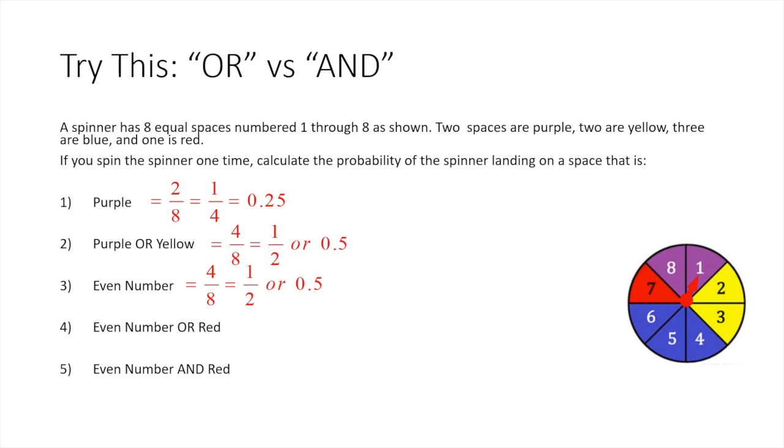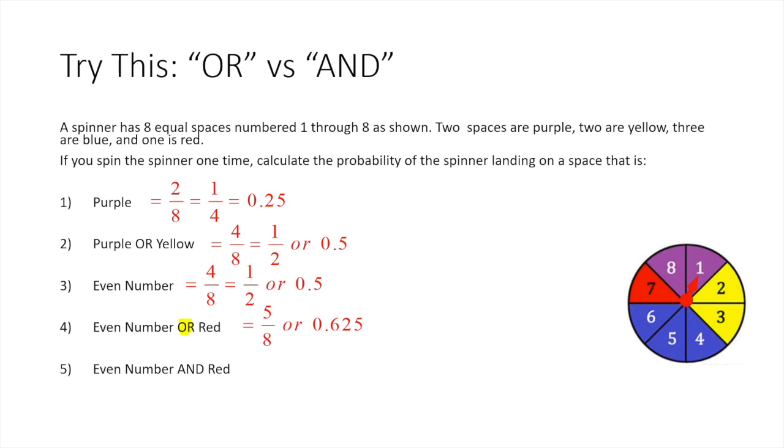So anybody who has either an even number or they're on a red spot gets to come to the party. So in this case, I have 5 options out of 8, which as a decimal is 0.625. So 0.625 is an exact answer. You could round that to 0.63, and that would be correct as well.